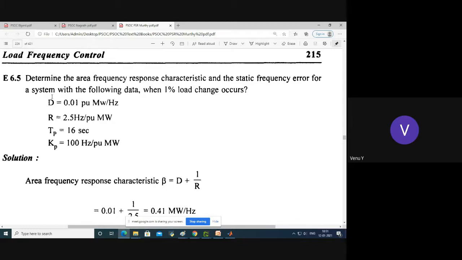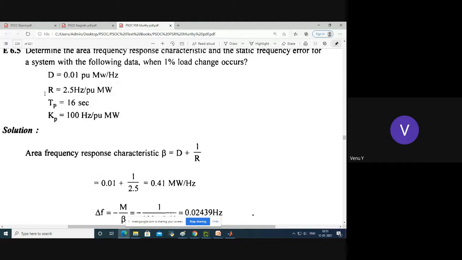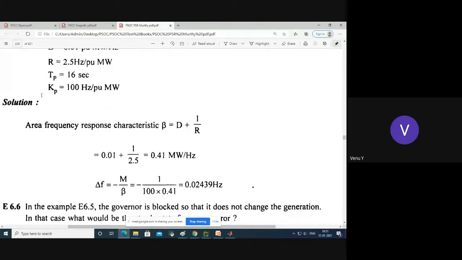Now let us find out the area frequency response characteristic. Beta is equal to D plus 1 by R, damping plus 1 by droop. Damping is 0.01 plus 1 by 2.5.